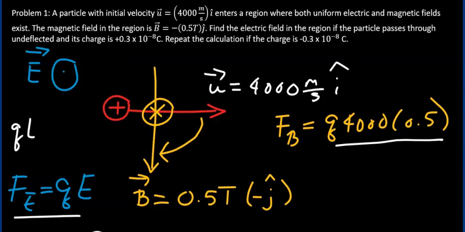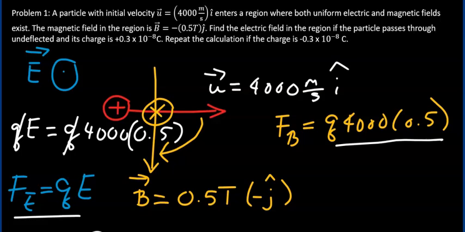Since the magnitudes must be the same, we can equate those two expressions. We get QE, the magnitude of the electric force, equals the magnitude of the magnetic force, Q times 4,000 times 0.5. So the Q cancels, and you can find the magnitude of the electric field to be 2,000 newtons per coulomb in the direction out of the plane.